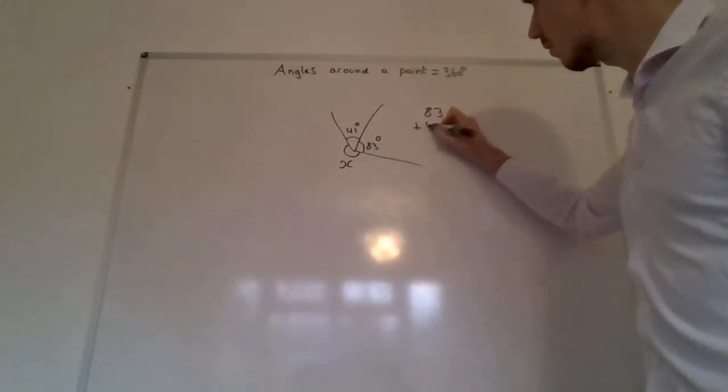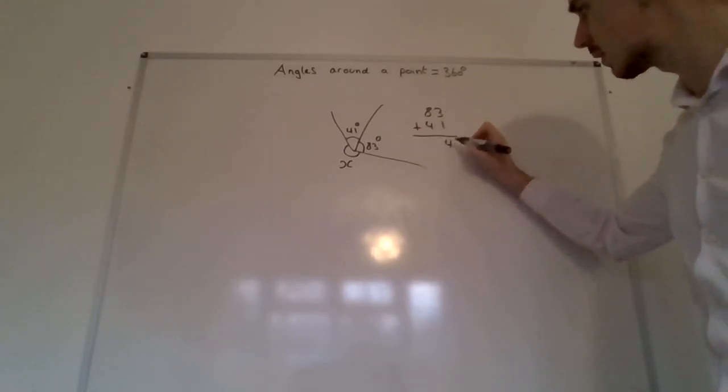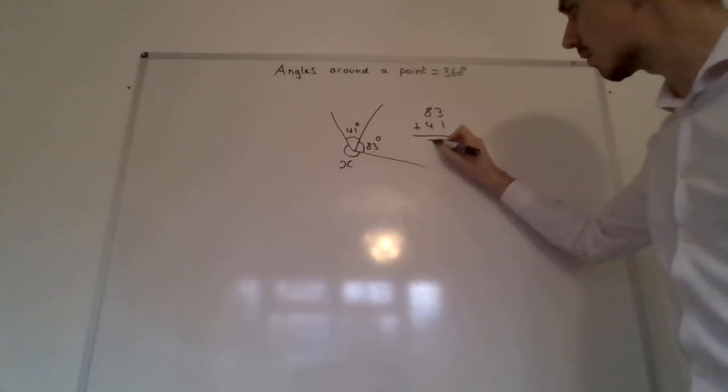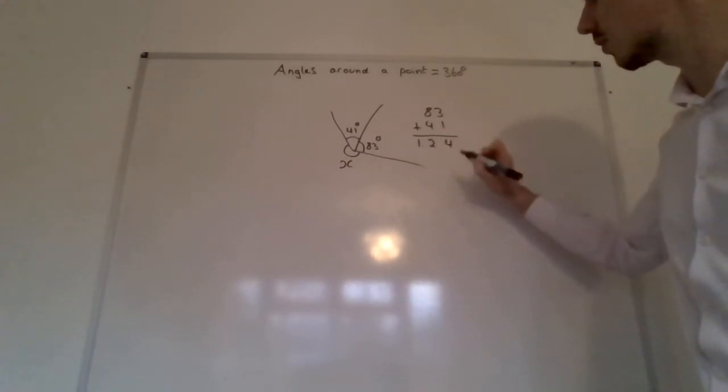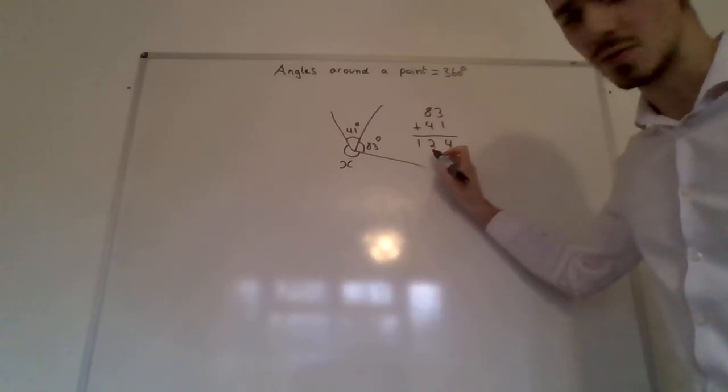83 add 41. 3 add 1 is going to be 4. 8 add 4 is 12. Carry 1 over there, so 124 degrees. So both of these angles together equal 124 degrees.